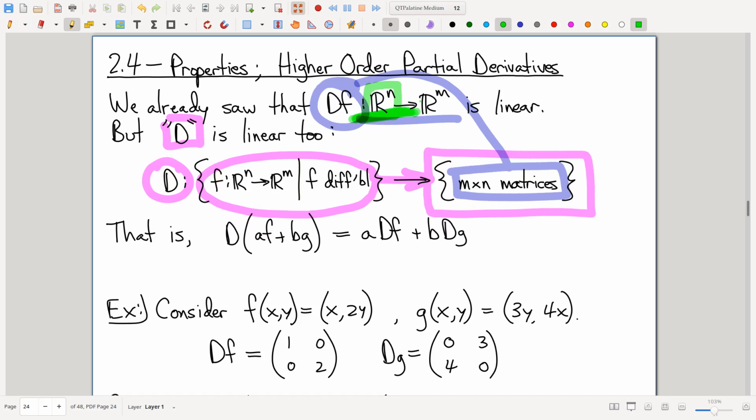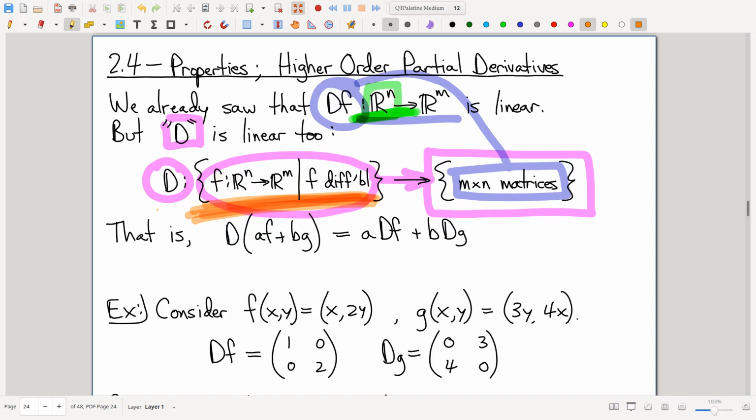It's a statement about linear combinations in Rn. Whereas if you look at the statement D is linear, D's domain is not Rn. D's domain is the vector space of multivariable vector valued differentiable functions.